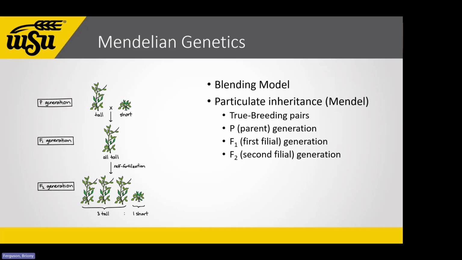This is the second generation of offspring, based on the idea that their parents are going to come from that F1 generation. So because the F1 generation in this case is all heterozygous, both the parents for this F2 generation are going to be heterozygous, and it's going to result in 3 tall plants and 1 short.